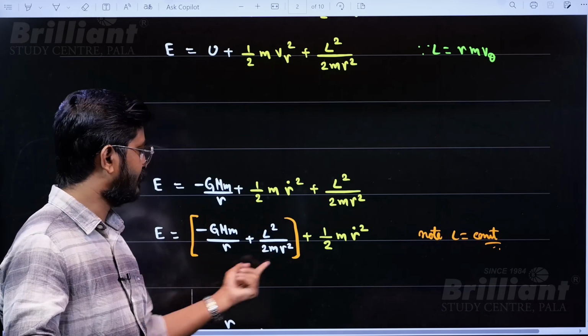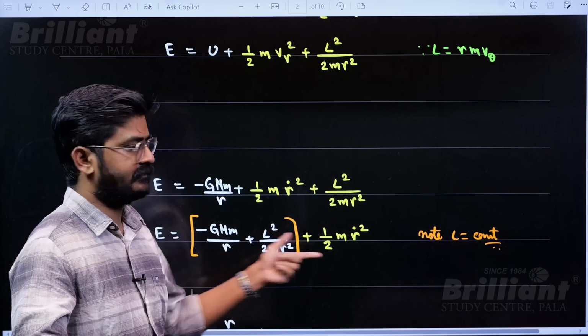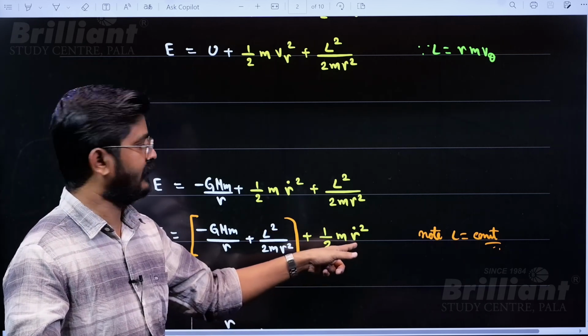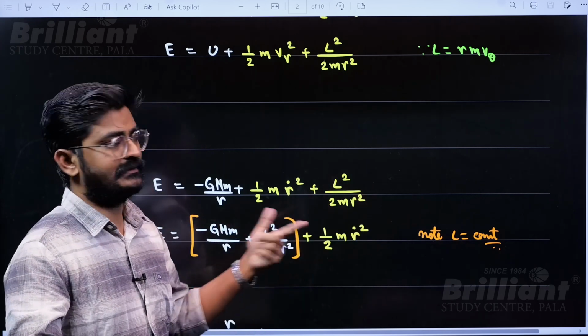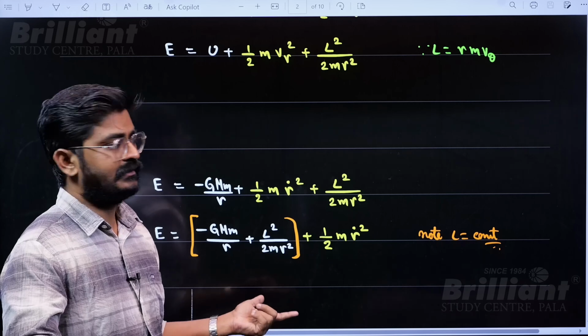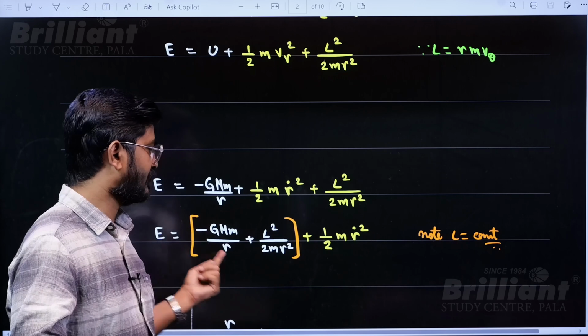It looks like some potential energy term plus kinetic energy term, but in one dimension because it is only magnitude, right? If I talk about a particle moving along the x-axis where the distance is measured as r, then this is going to be the velocity along that x-axis and this is going to be some kind of potential energy.